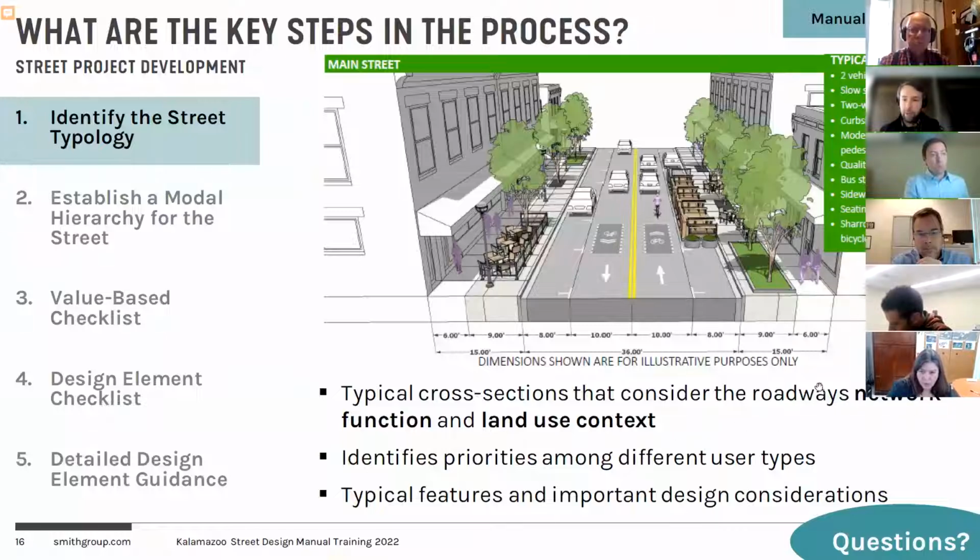As I mentioned, they relate to the network function of the road and the land use context. They provide a set of starting point priorities for different types of users that people can use to have that modal hierarchy discussion, and the typical features and design considerations for different users are incorporated within those typology descriptions.